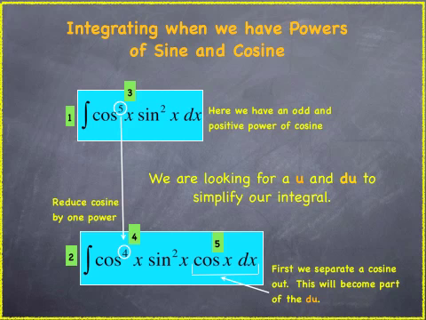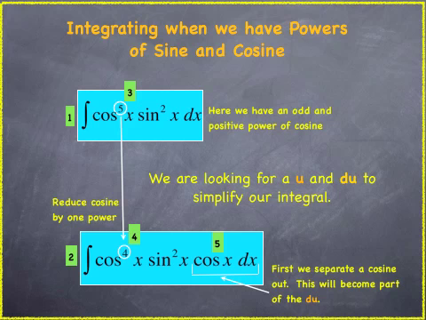So in item 2, what we're going to do is we're going to actually separate one of those cosines out. So now we drop down from cosine to the 5th power to cosine to the 4th power in item 4. And then if you look at 5, that's where that cosine is that we've just set aside. And if you combine cosine of x with dx, that will eventually be our du.